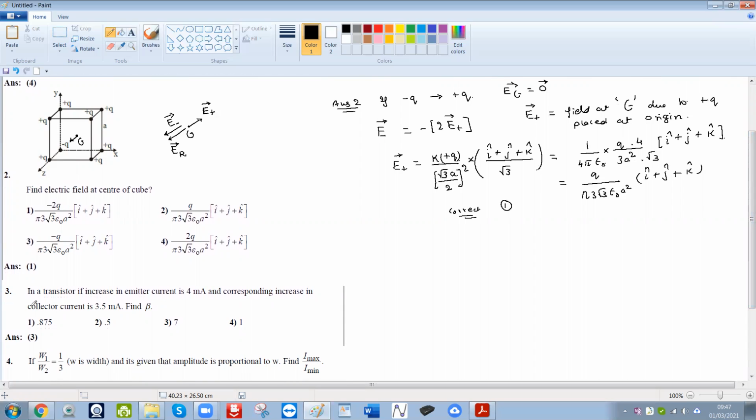The third question is related to parameters of a transistor.